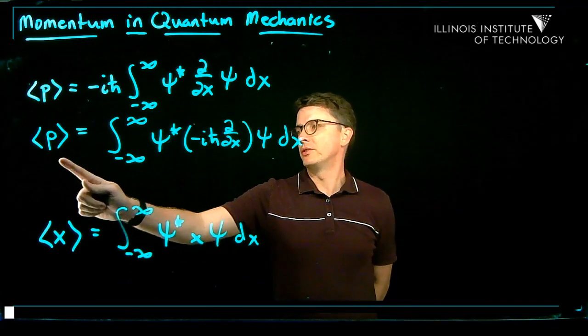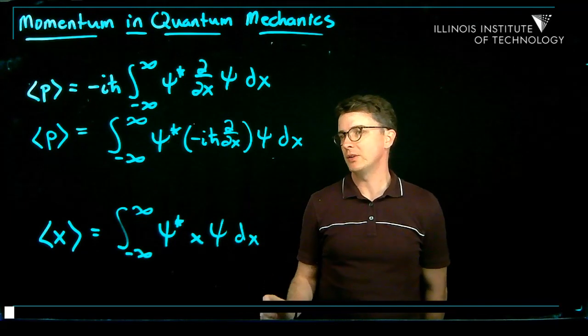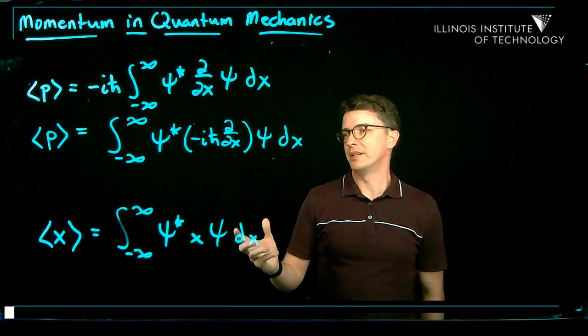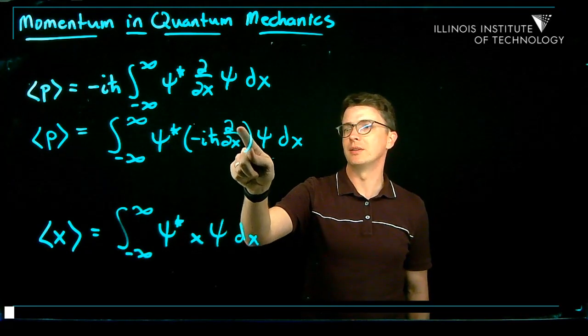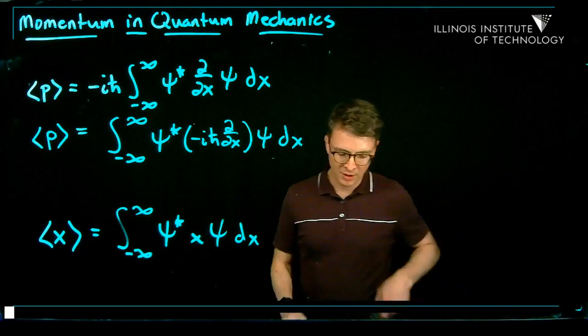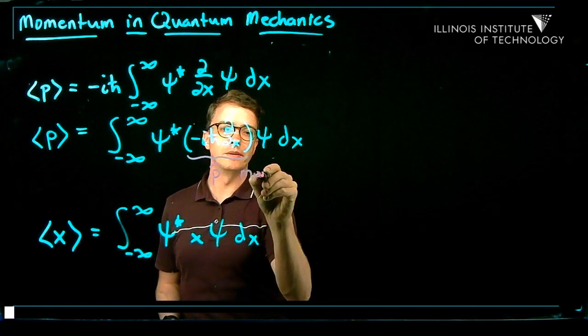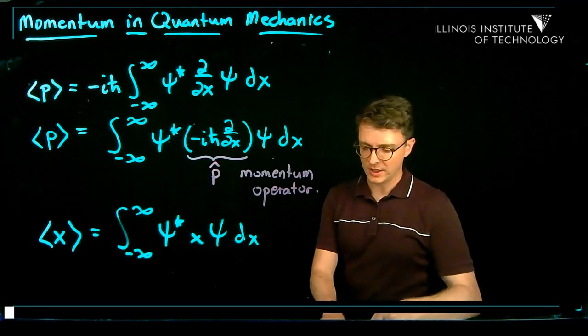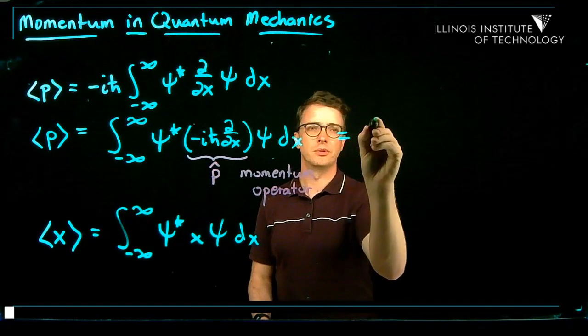If I want to find the average momentum, in between psi star and psi, I sandwich something, but it's not p, it's this weird thing, which is minus i h bar d by dx, meaning take the derivative of psi. This is called p hat, the momentum operator. And then you can kind of see why, because now there's some symmetry between those two formulas.